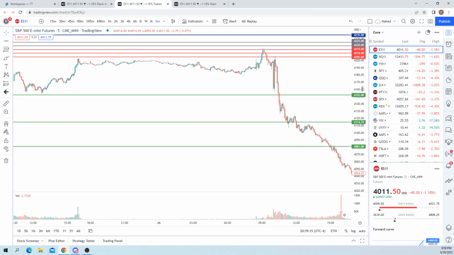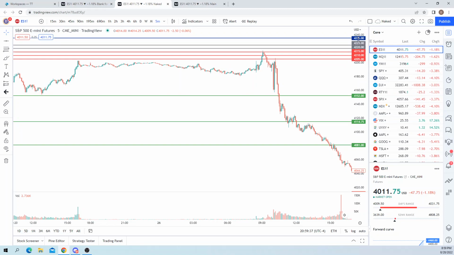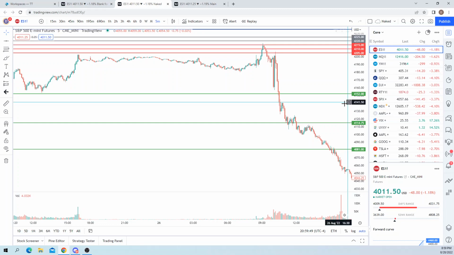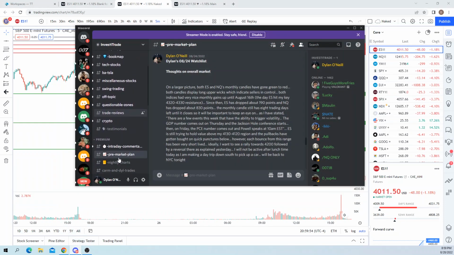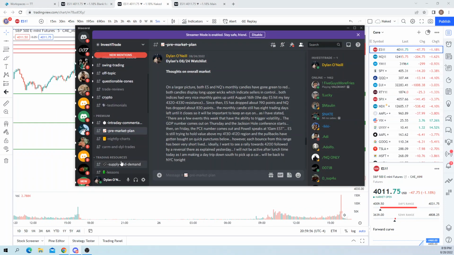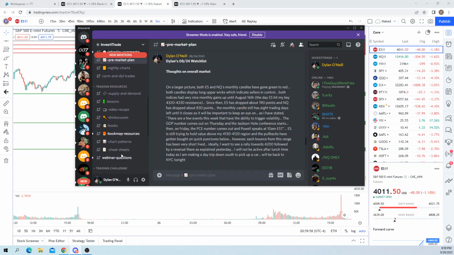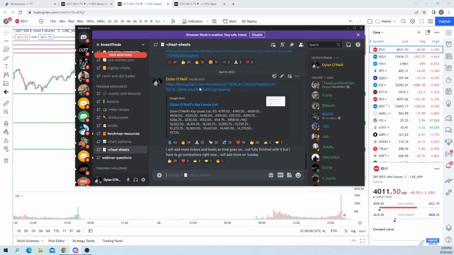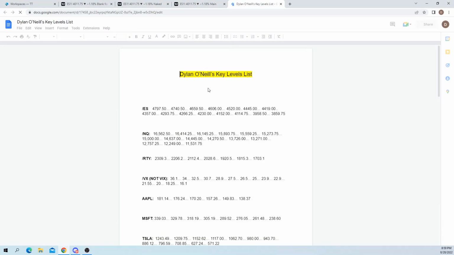Okay, my stop loss was 42.35, and my targets were 41.52, 41.14.75, and 4,081. Okay, why were those my targets? As you can see here in the Discord, we go to cheat sheets and we have my key level document.